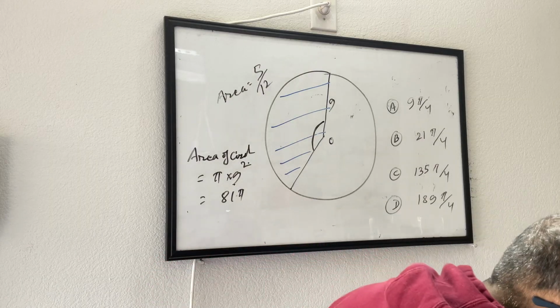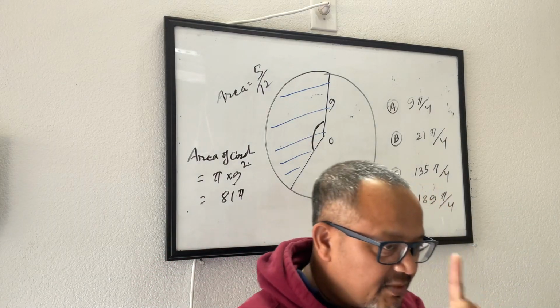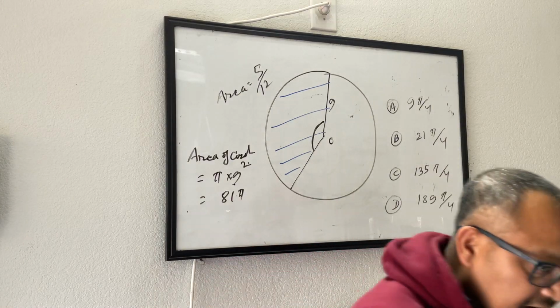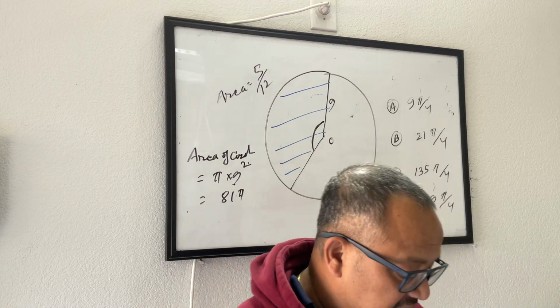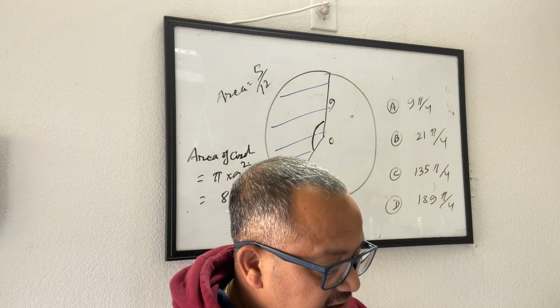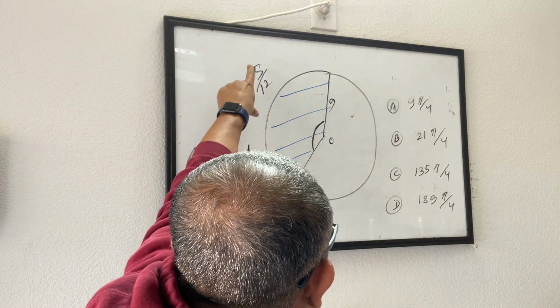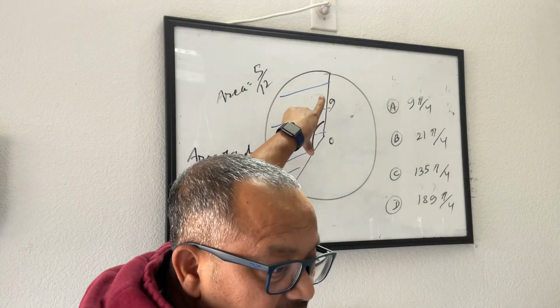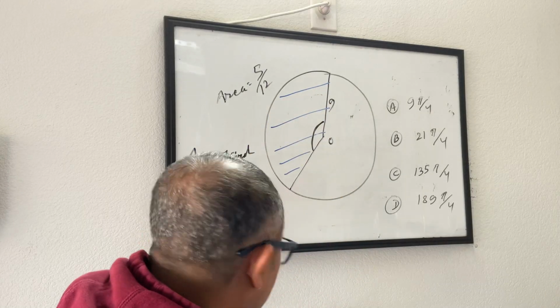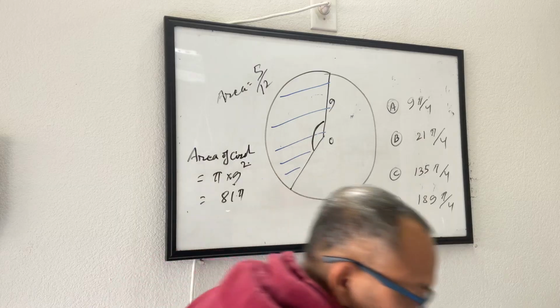Now, I'm not sure if I missed something when I was reading it. I'm reading the question one last time. It says if the area of the shaded region is 5/12 the area of the circle. So whatever is my area, it is 5/12 of that.